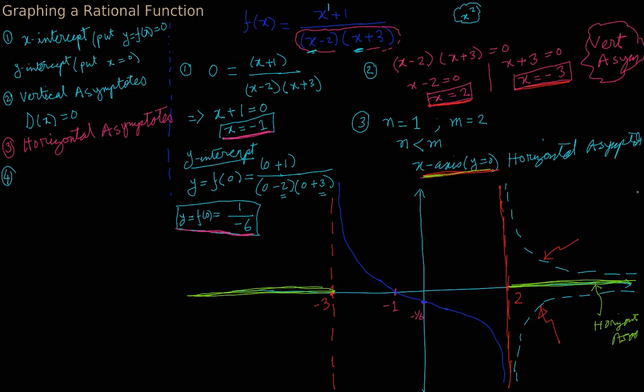And then on the left hand side of this vertical asymptote, I can again have 2 possibilities. One possibility is that the graph will be at the top, and another possibility is that the graph is going to be below the x-axis. We do not know which one. We are going to confirm it using our step number 4.